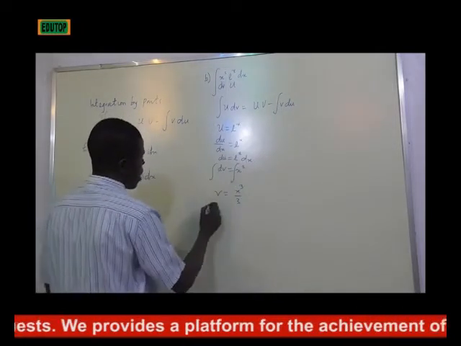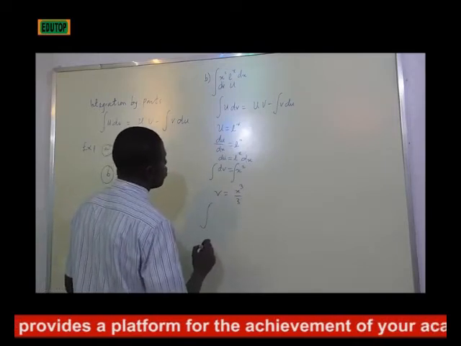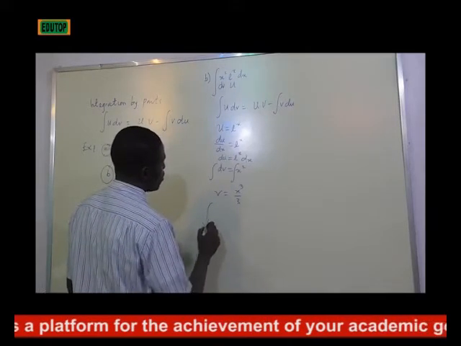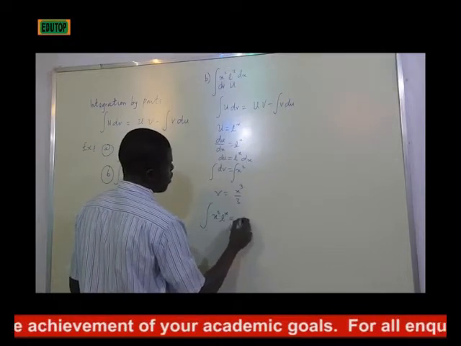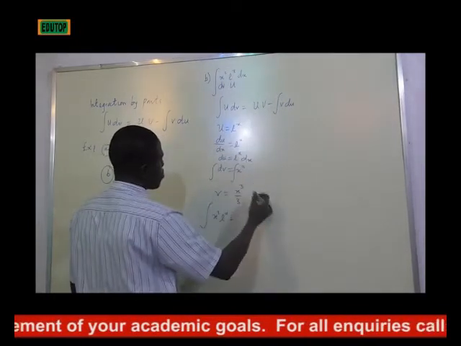So I go back to my formula. What's dv? dv is x squared. What's u? Your u is exponential x. Then it will be equal to u times v.